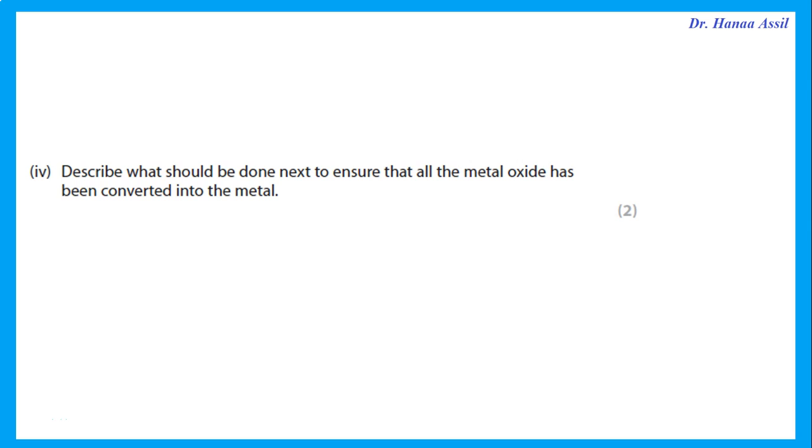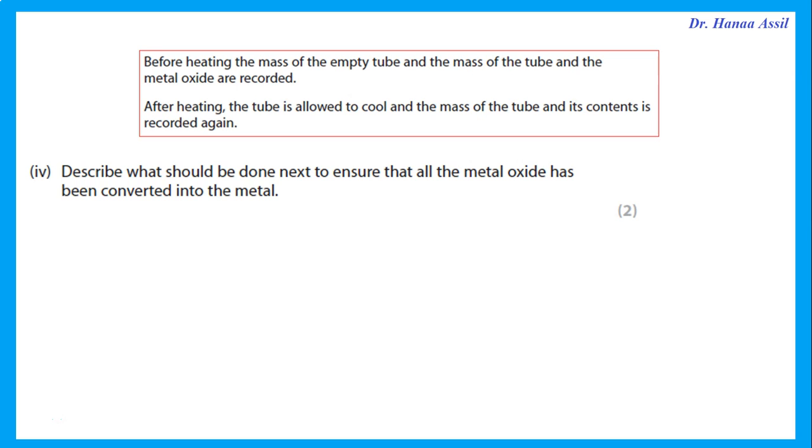Describe what should be done next to ensure that all the metal oxide has been converted into the metal. Remember, we heated the tube, and we weighed it before and after. The tube is allowed to cool, and then we weigh it at the end. Now, if I'm starting with an oxide and I end up with only the metal, what happens to the mass? The mass should decrease.